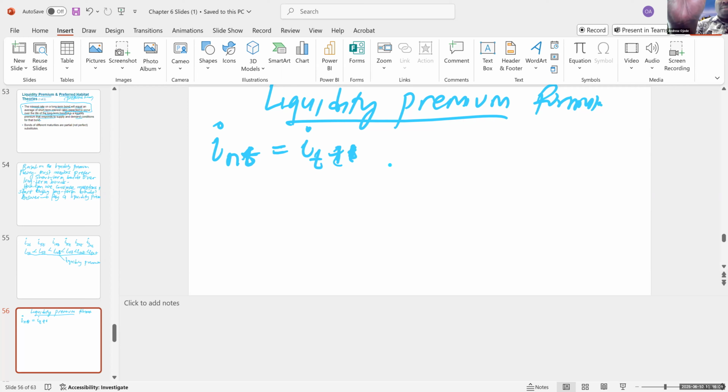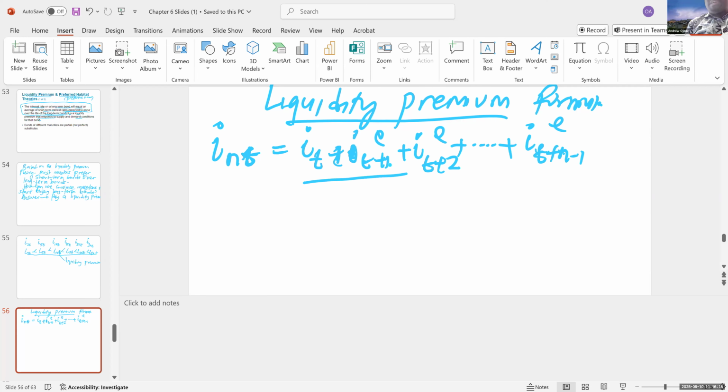It's going to be I,T plus 1 expected, plus I,T plus 2 expected, going up to I,T plus N minus 1 expected. We divide all this by N, but then we have to add a liquidity premium on the N-year bond, LNT.